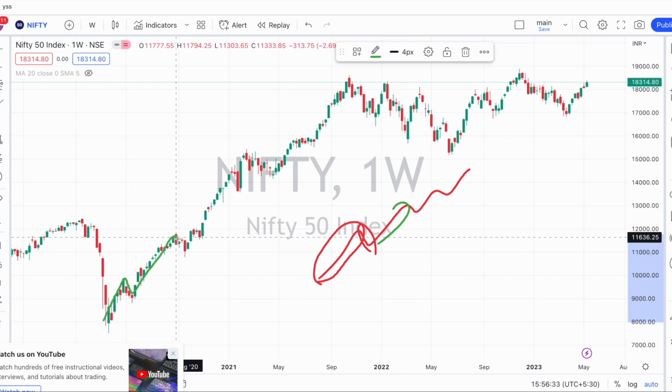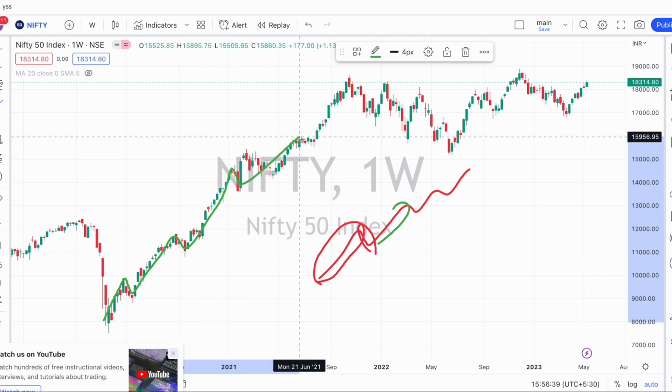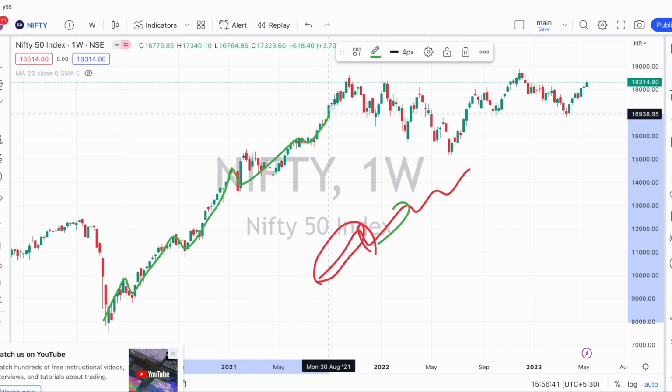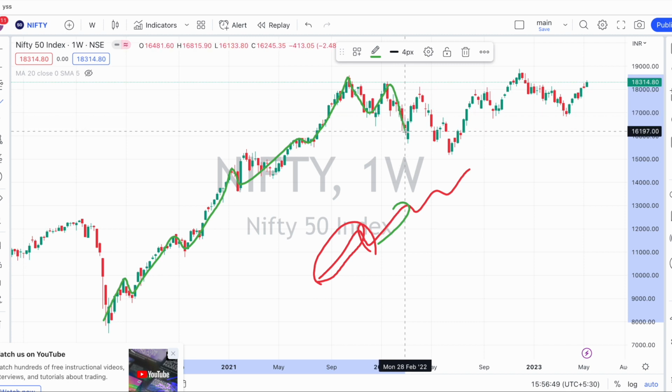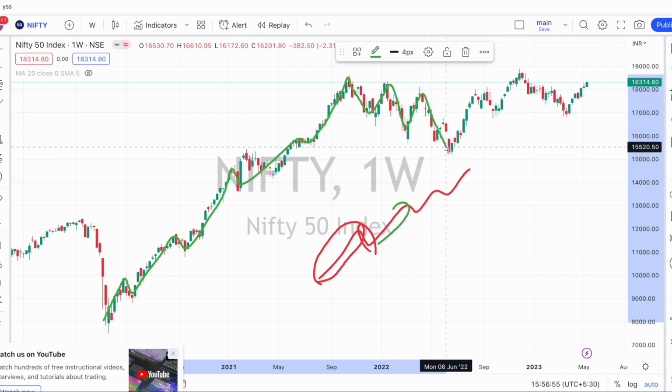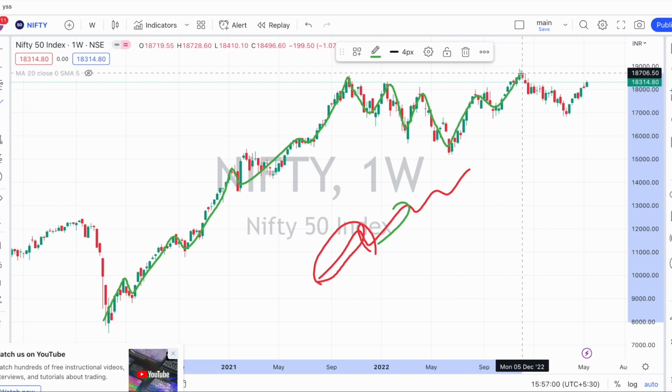A strong move followed by a weak move, a strong move followed by a weak move, repeatedly, and then a strong move followed by an even stronger move.